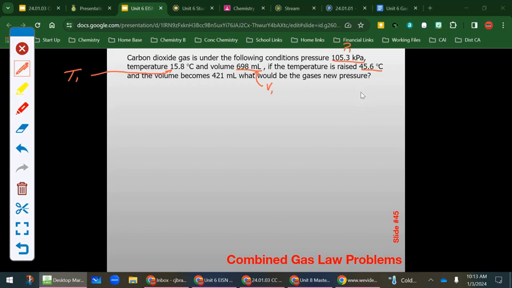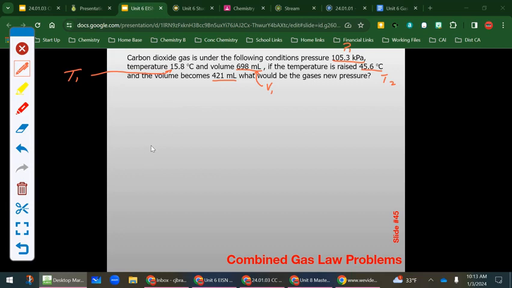Pressure, volume, temperature. That's telling you if it's a pressure, a volume, or a temperature? No, I just want to know what that number represents. Oh, T. All right. That's what I thought I heard. 421 milliliters.